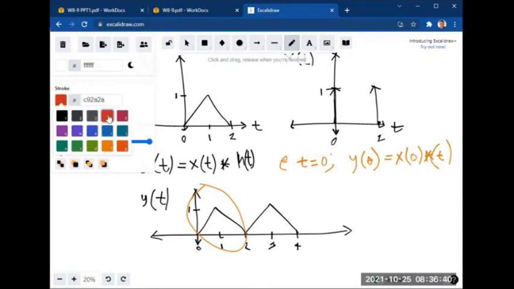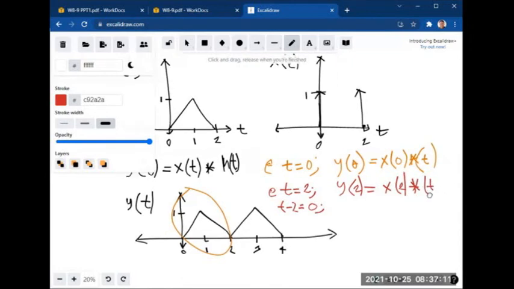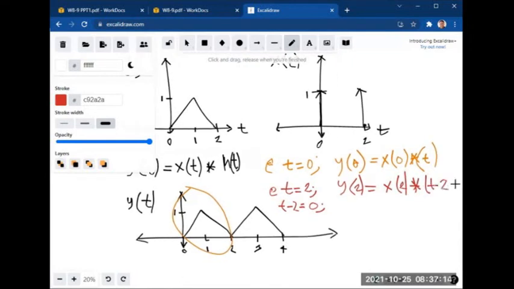So what will happen here is at time equal to 2, you have y of 2, x of 2. Since this is time equal to 2, this will be t minus 2 equals 0, right? So we will write here t minus 2. Wait, I forgot to write h.